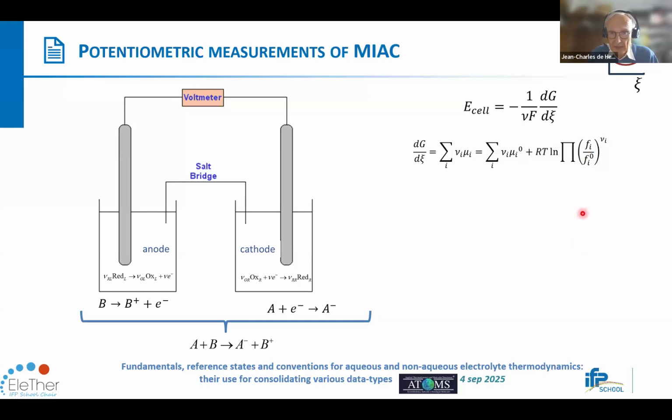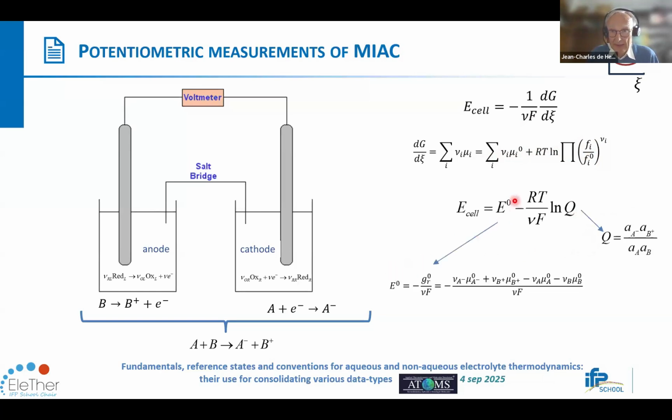times the logarithm of the product of the activities to the power of the nu i's, the stoichiometric coefficients. Now, when we compare this with Nernst's law that all electrochemists use daily, you directly see that in fact we have the E0 here. This E0 is nothing but the delta G of reaction in the reference state.